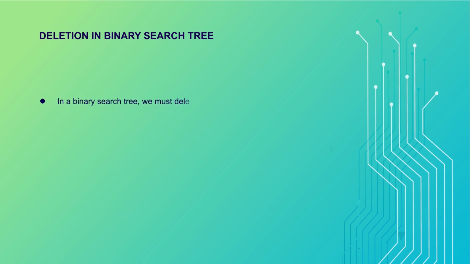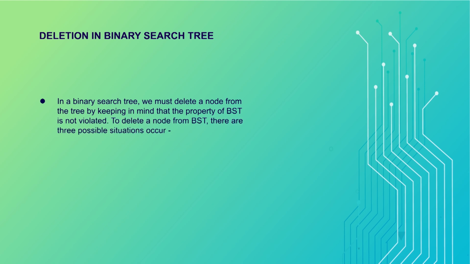Now, we move on to the next operation, that is called deletion in a binary search tree. In a binary search tree, we must delete a node from the tree by keeping in mind that the property of the binary search tree is not violated. To delete a node from a binary search tree, there are 3 possible situations.